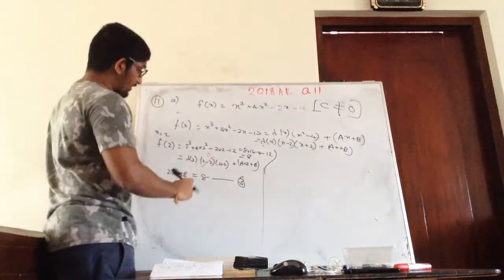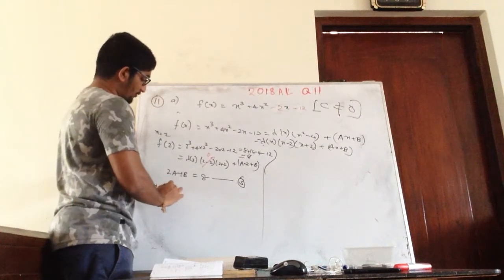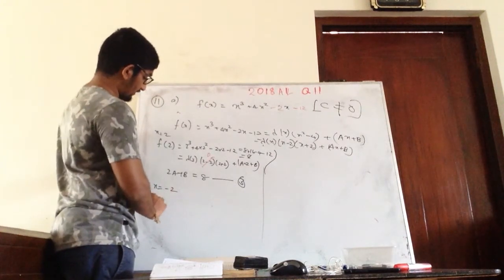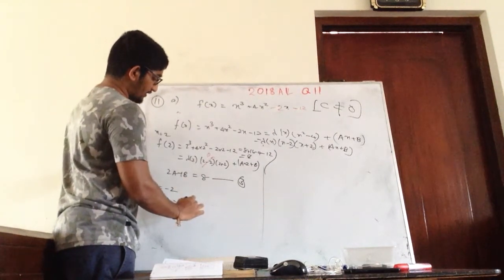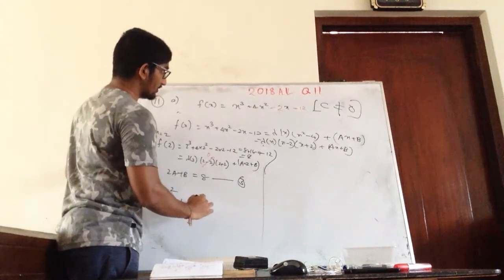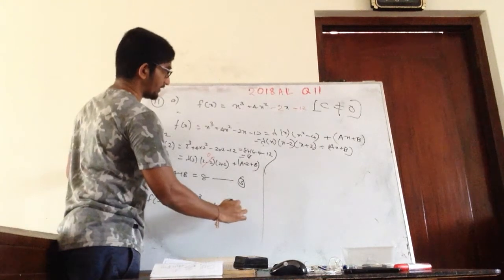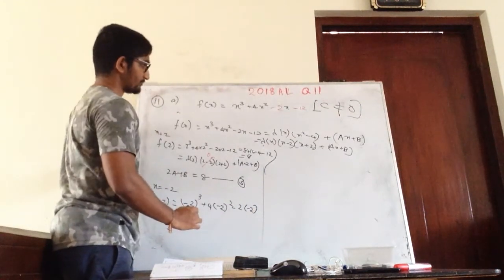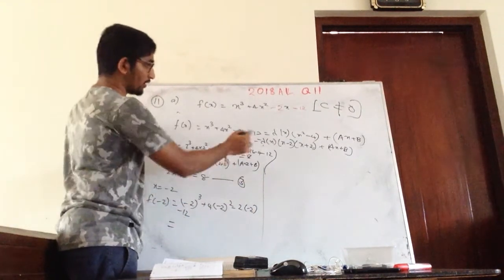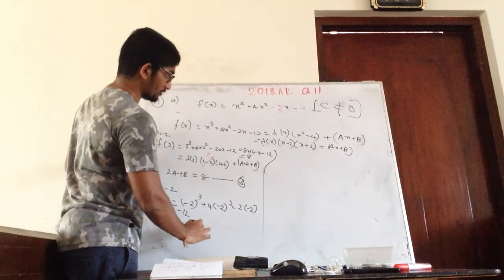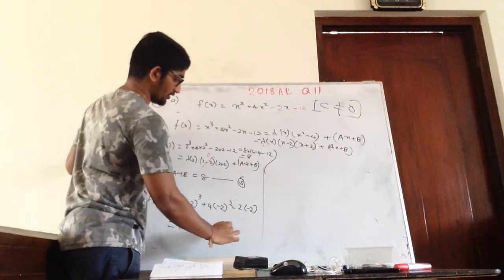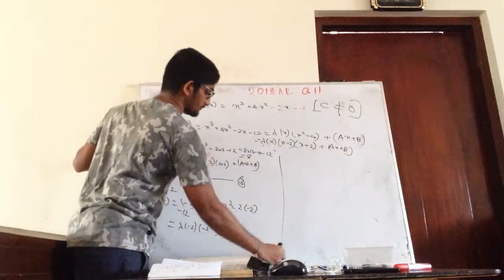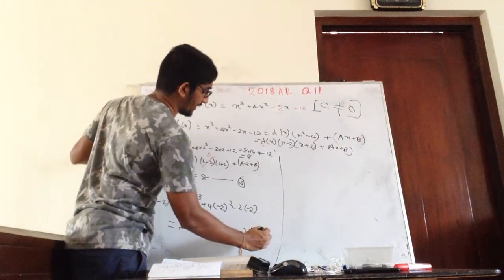Then I'm going to put x equals minus 2. So f of minus 2, that means minus 2 cube plus 4 into minus 2 square minus 2 into minus 2 minus 12, will be equal to lambda into minus 2 minus 2, minus 2 plus 2, plus a into minus 2 plus b.